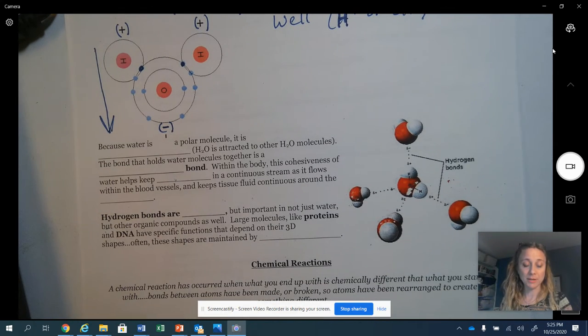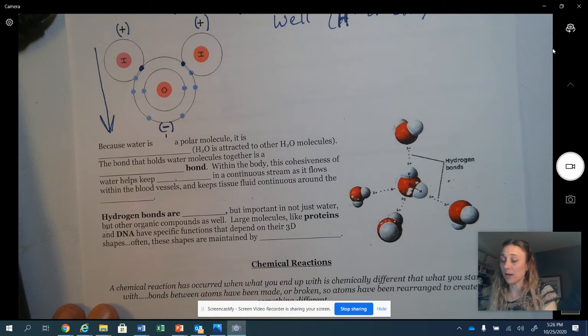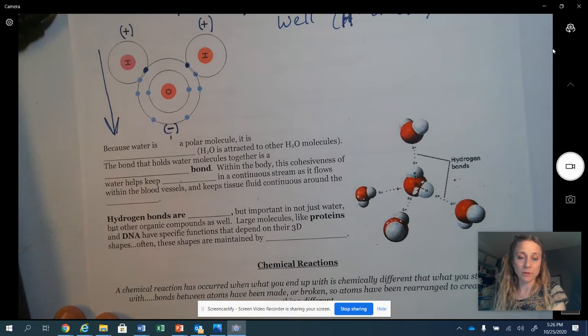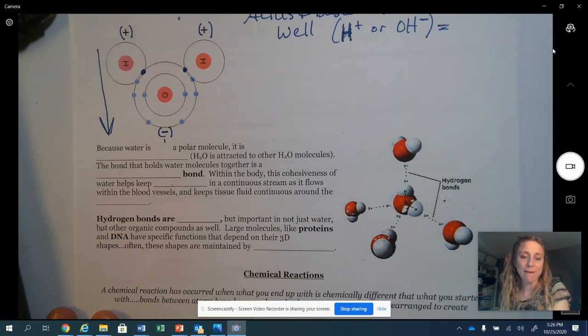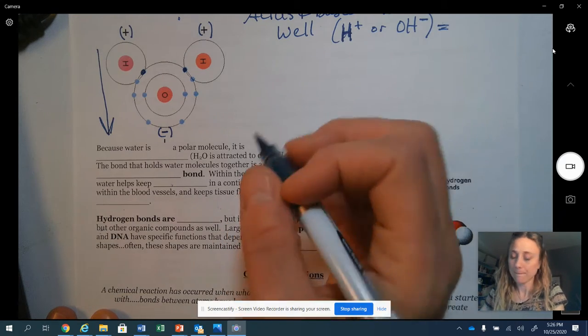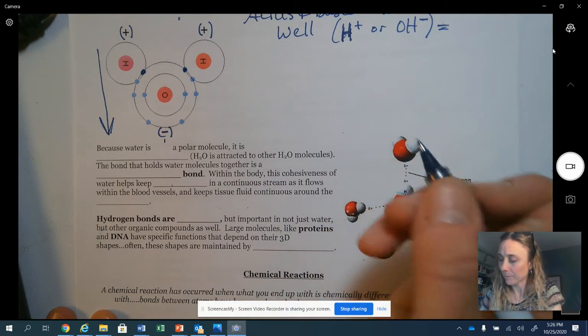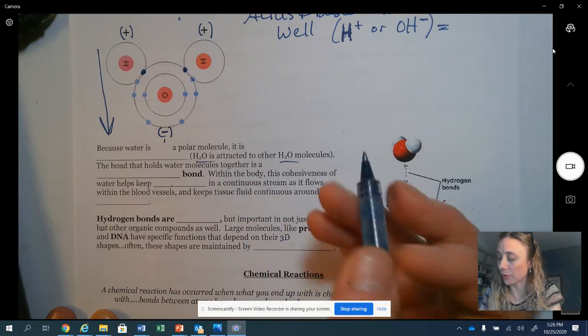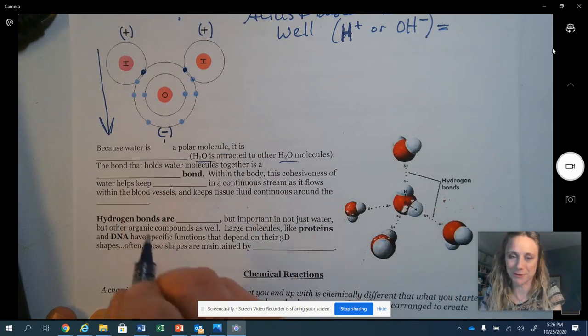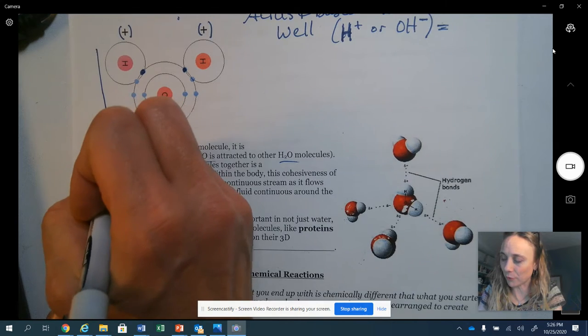And because of that, we have a lot of stuff that happens in water. It's really important. And we call it, it's polar. Anything that dissolves in it is hydrophilic. Water's attracted to other water molecules. Okay, so yeah, let's say that hydrophilic.